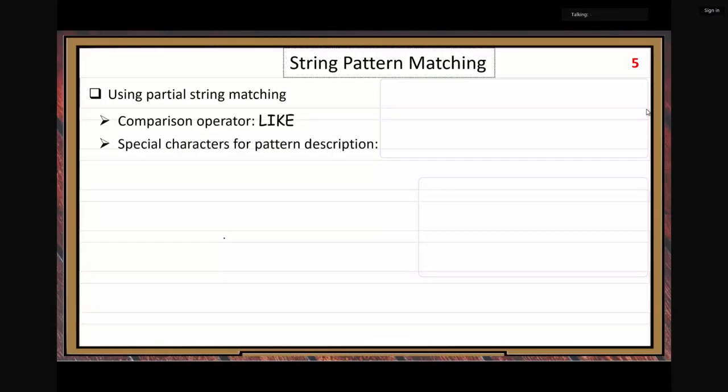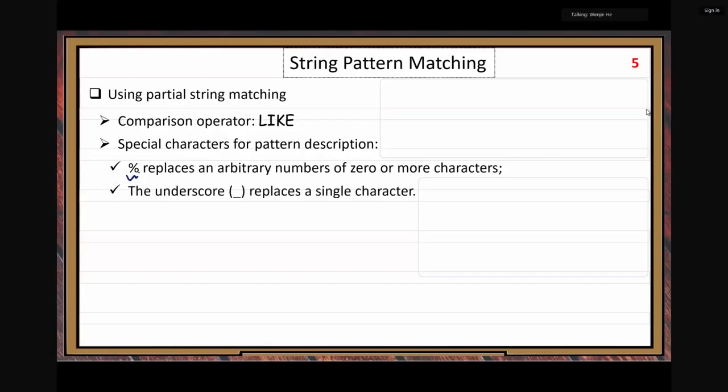Special characters for pattern description: the percent sign replaces an arbitrary number of 0 or more characters, from left or right, including 0 and more. The underscore replaces a single character. Not the question mark, a single underscore.